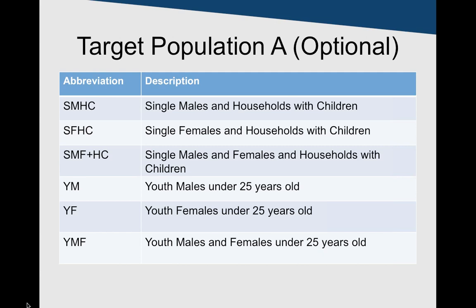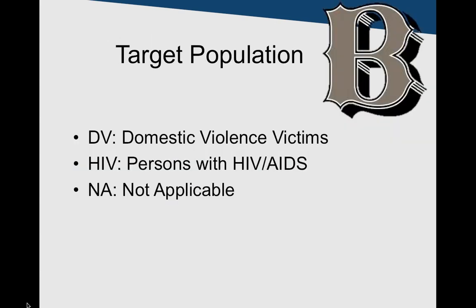And also on this slide, as you may notice, HUD has changed the descriptors for youth from unaccompanied male, female, or male and female to youth male, female, and male and female. Additionally, HUD changed the age for youth descriptors to 25 years old versus the 18 years old we utilized in the past.